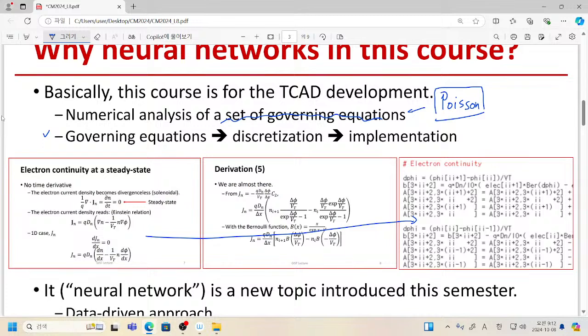If you go even further, nowadays, beyond the Poisson equation and transport equation, it is getting more and more important to consider thermal effects inside your device, because our devices are getting smaller and also more powerful, so they can generate a lot of heat inside the structure.